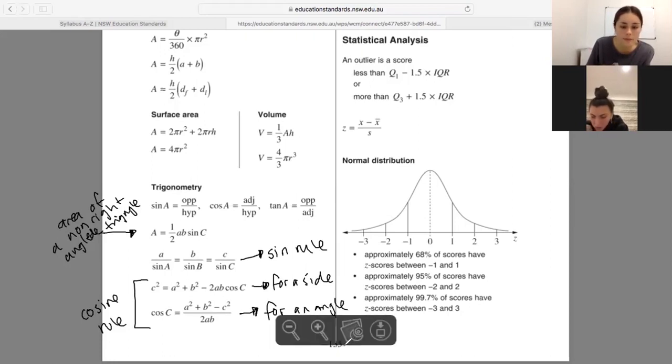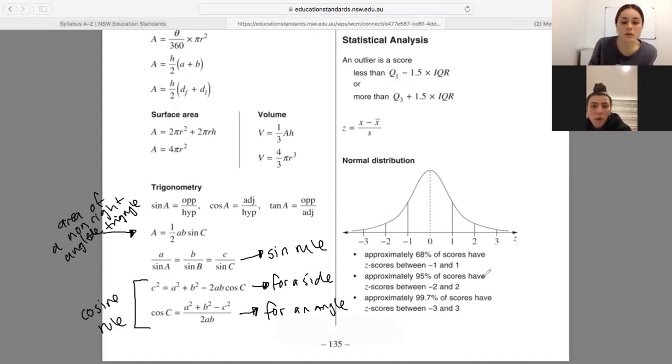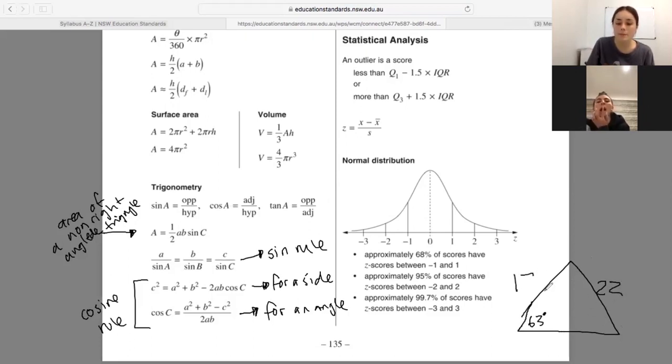What is a cosine rule for again? So that's when you have a triangle like that, and you might have an angle down here and a side across there, and maybe a side here, and you can go across and across, and that's the sine rule.